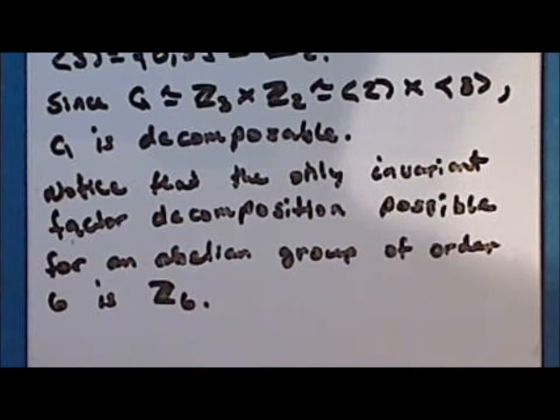So by the fundamental theorem of finitely generated abelian groups, every abelian group of order 6 is isomorphic to the integers modulo 6.